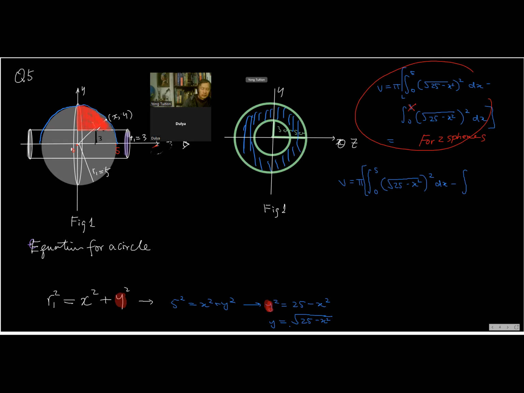You have to recall the formula for rotating. The volume is always equal to pi times the integral of y squared. So you have to determine what y is. Oh, yes, that's right. I agree. You are right now. So that's correct. Let's go.